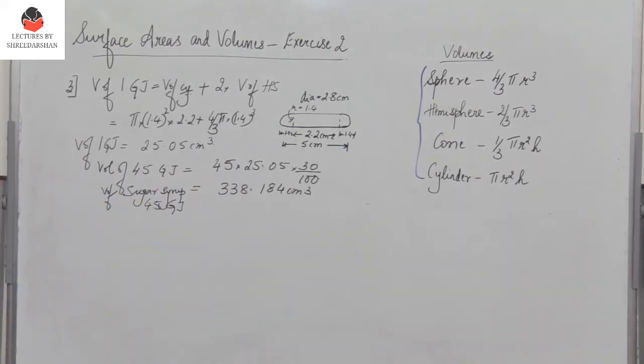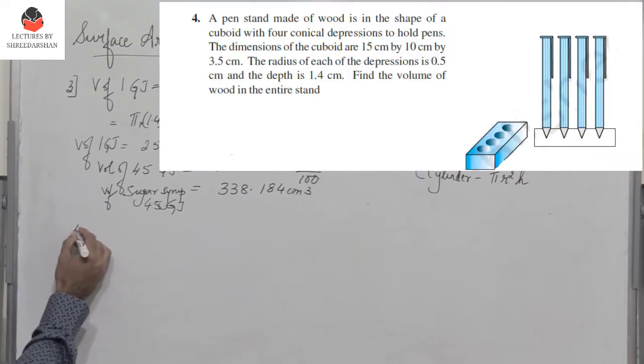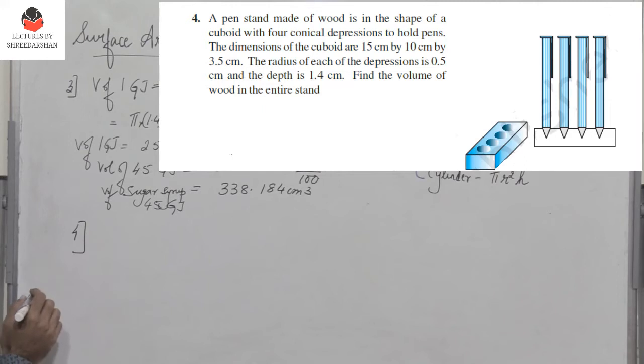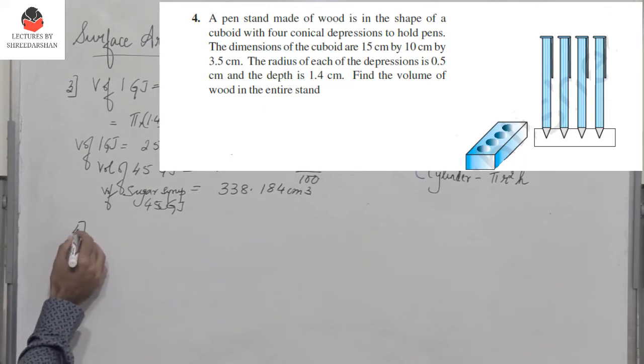So the next one is a very interesting problem. There's a pen stand made up of wood, and it is in the shape of a cuboid with 4 conical depressions to hold the pen.